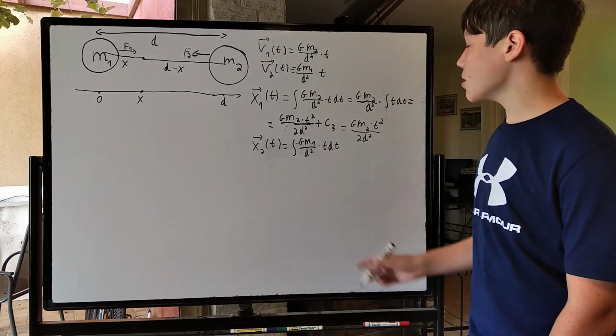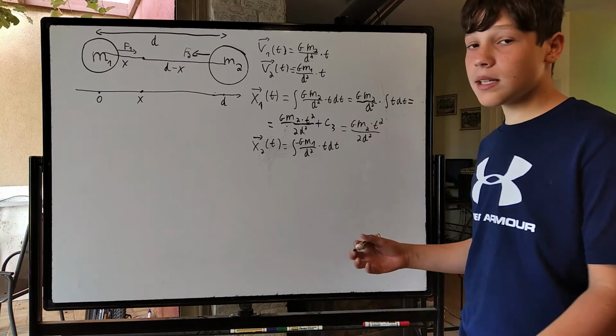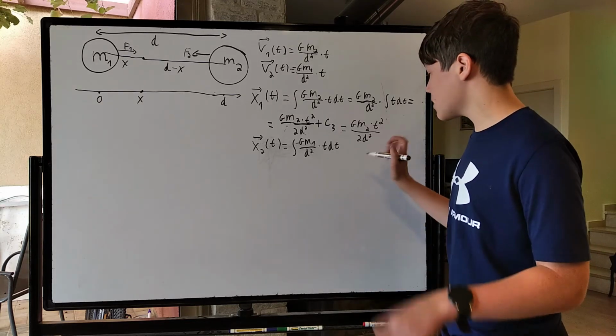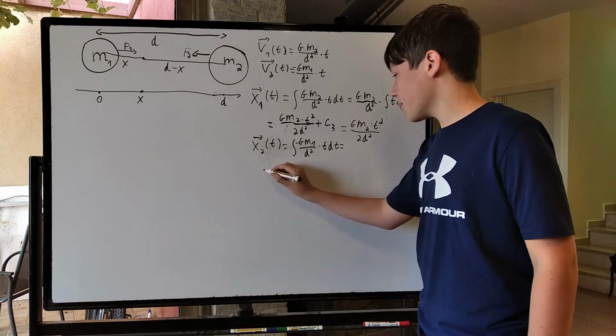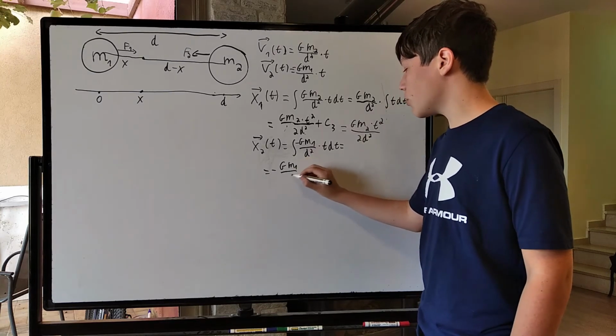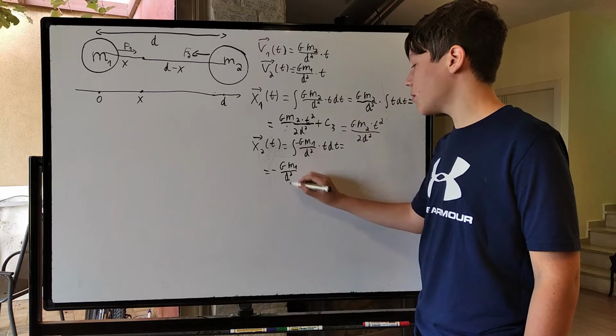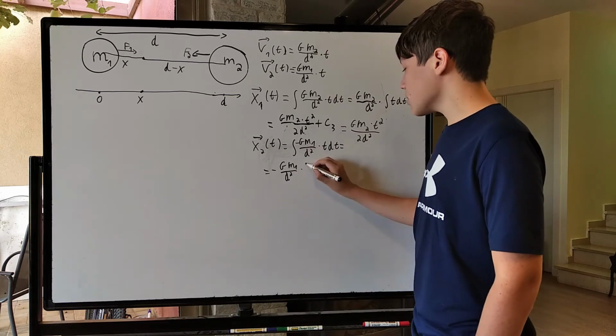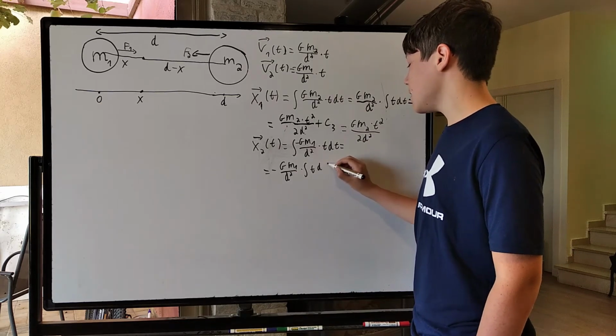Again, negative gm1 over d squared is a constant in the world of t, meaning this is negative gm1 over d squared times the integral of t dt.